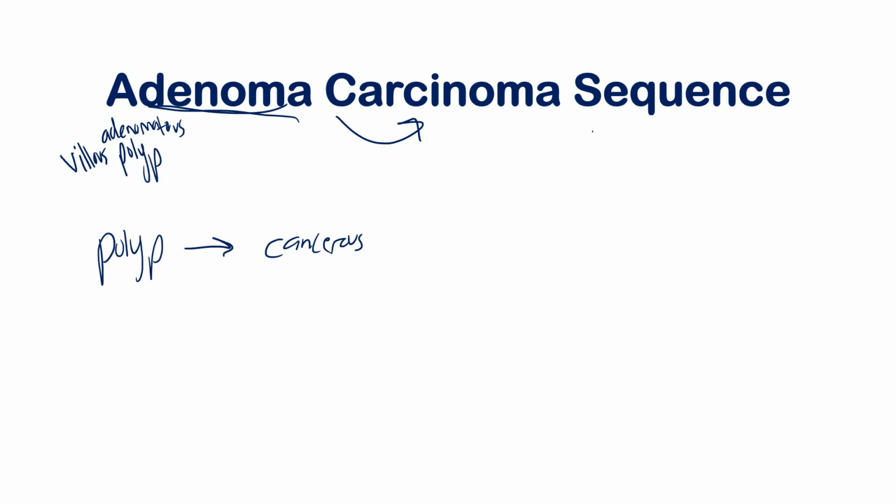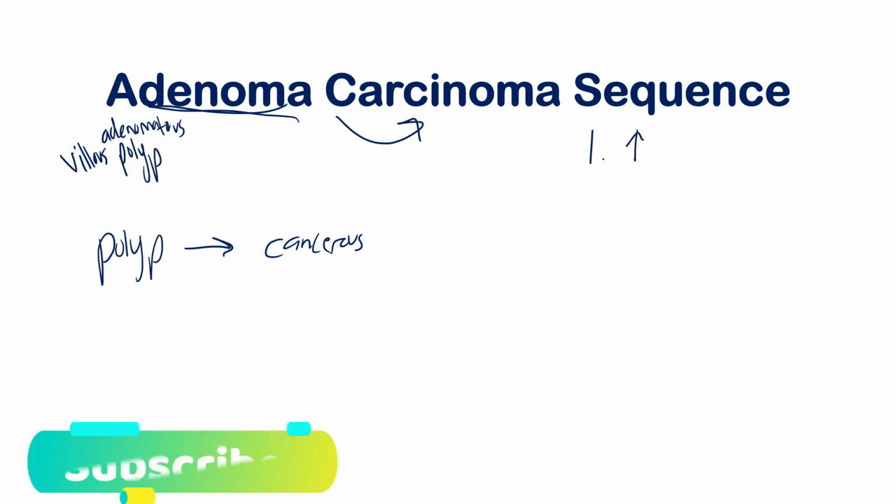So we have this villus adenoma, an adenomatous polyp. If a patient were to have this, they probably had an increased APC. This is the APC gene.